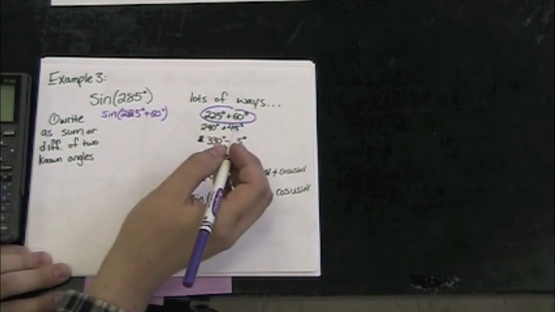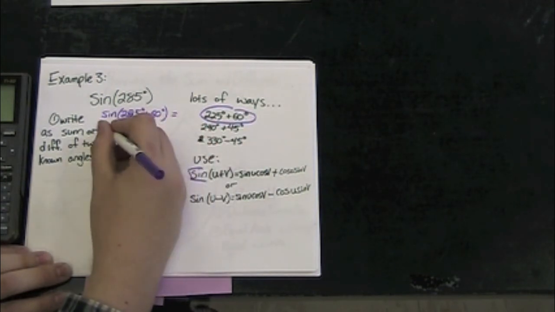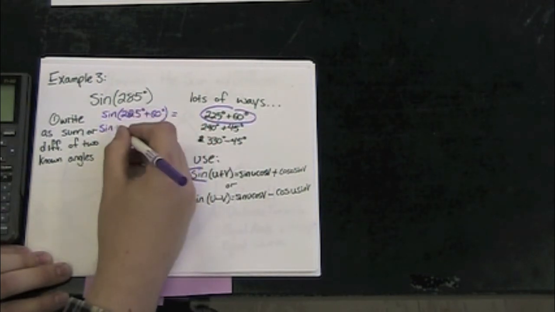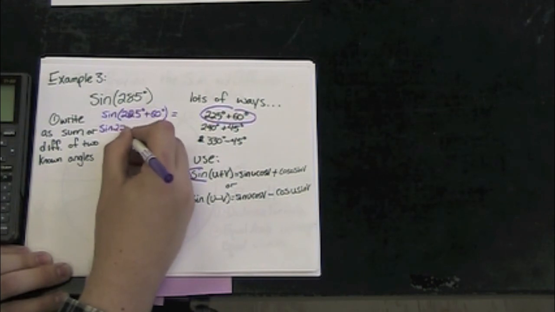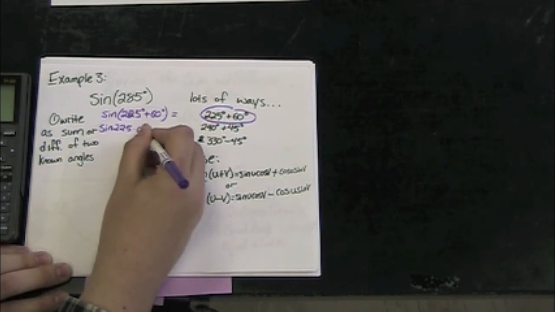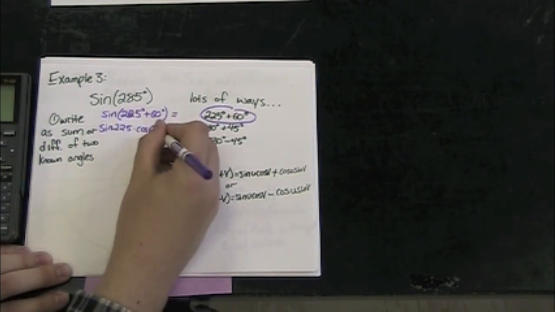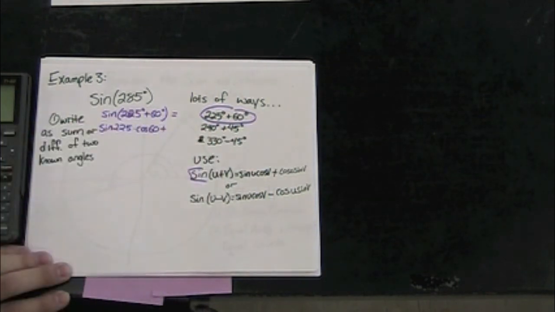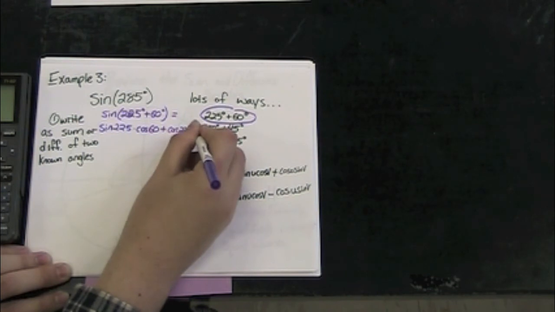And if I begin to plug this in, that's equal to sine of 225 times cosine of 60 plus cosine of 225 sine of 60.